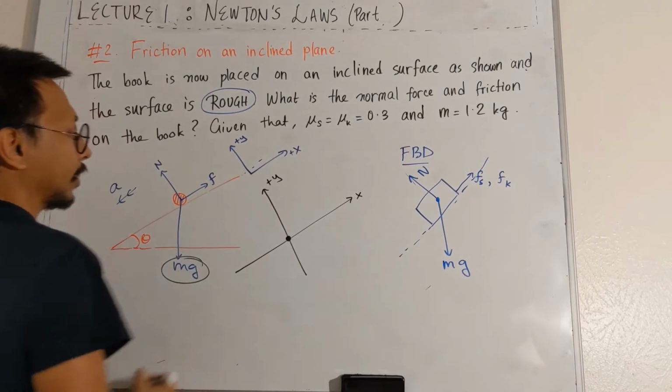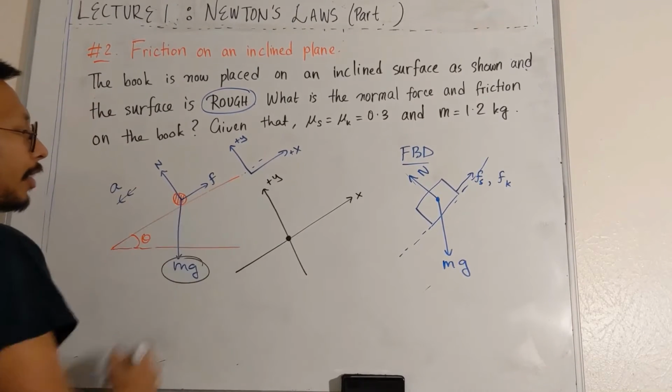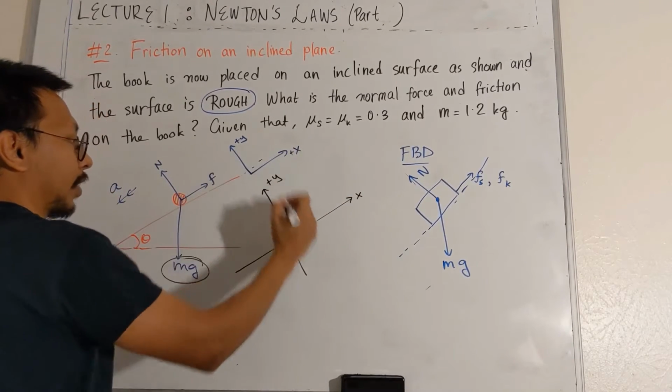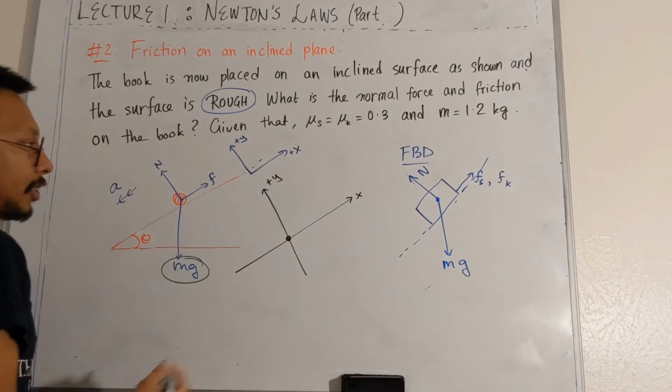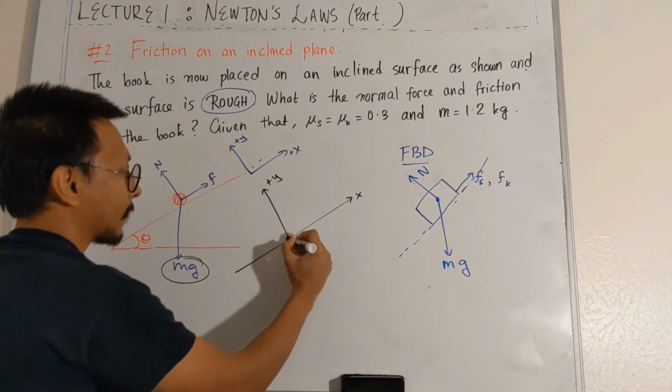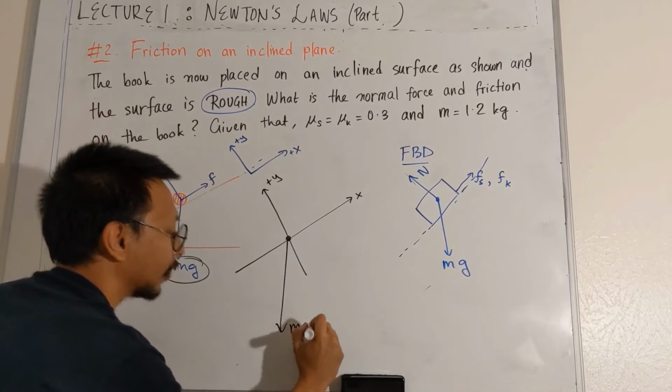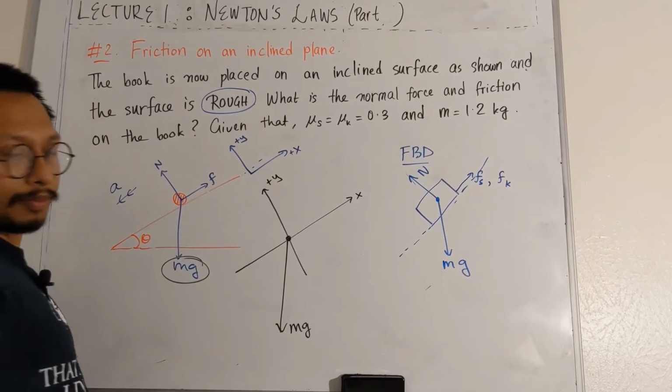The particle is lying somewhere here, on the slope, and the slope can be considered to be the x-axis because they're parallel. The weight acts vertically downwards regardless of the chosen coordinate system.